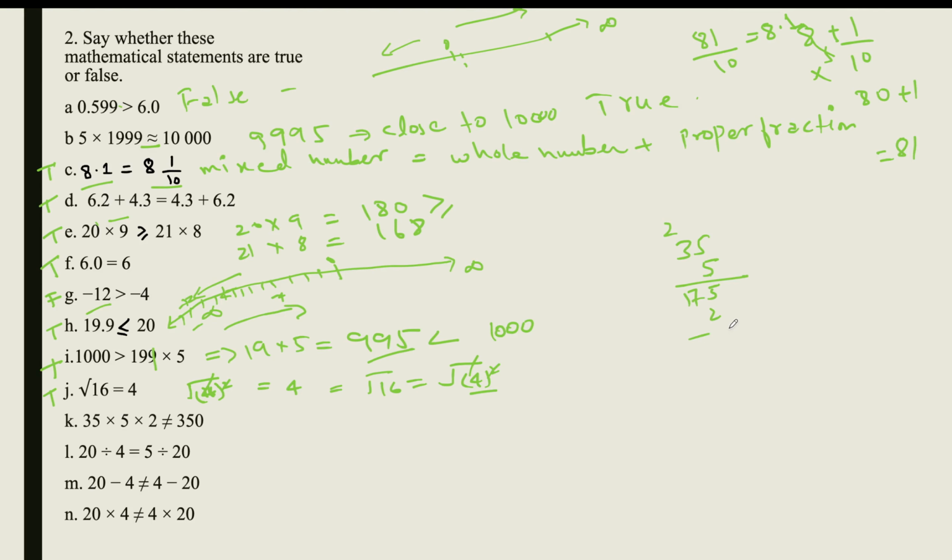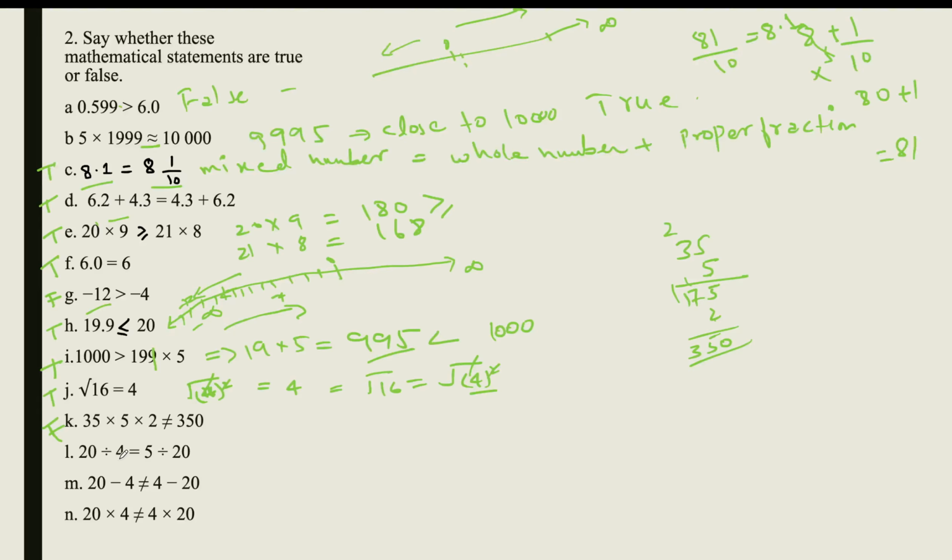So then we multiply it by 2. 2 into 5 is equal to 10, 1 carry, 2 7s are 14, 1 15, 1 carry, 2 into 1 is equal to 2, and we get 350. So the statement that says it is not equal to 350, it is false.